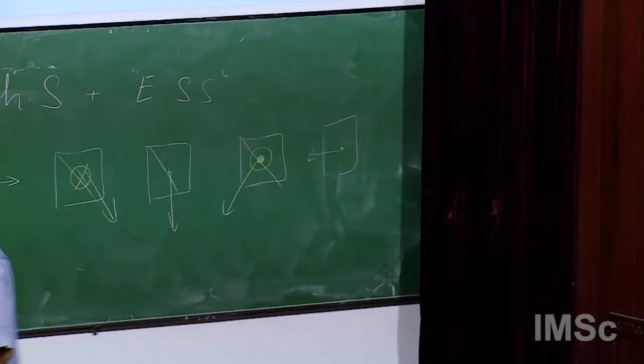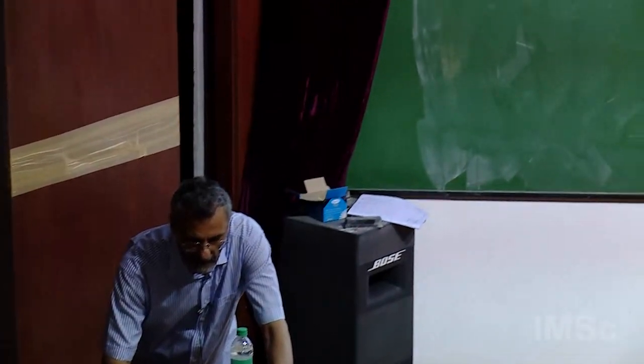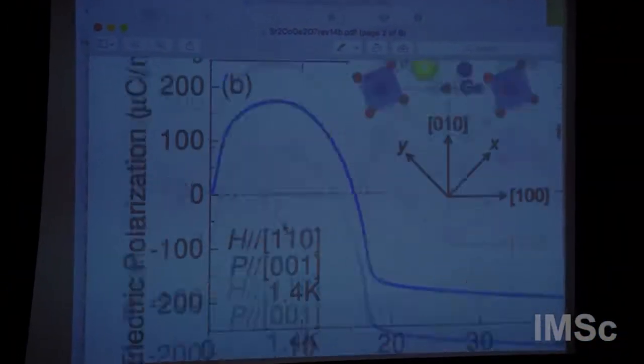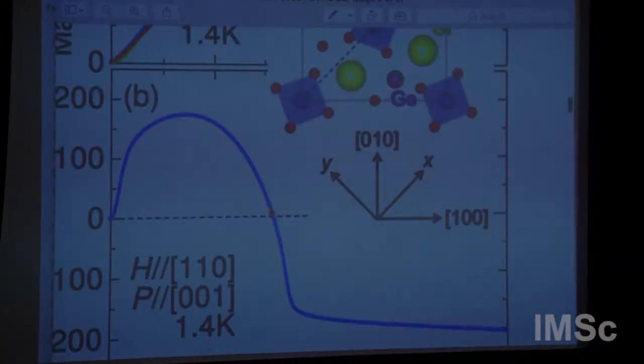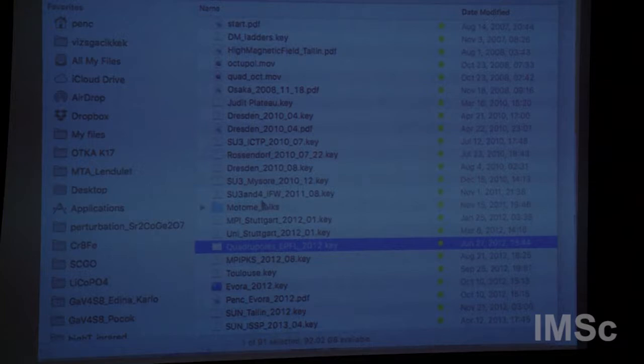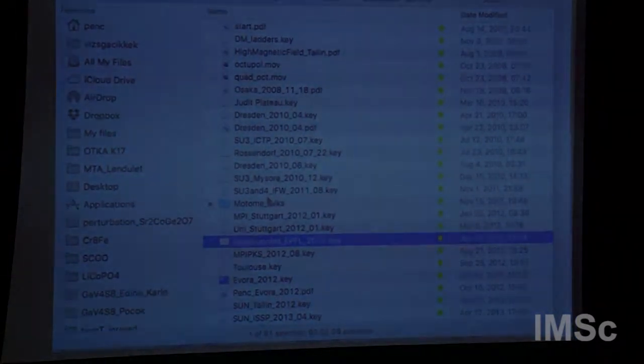Okay, can we see this? Yeah, it's not this. I need to look for a different slide, different paper.